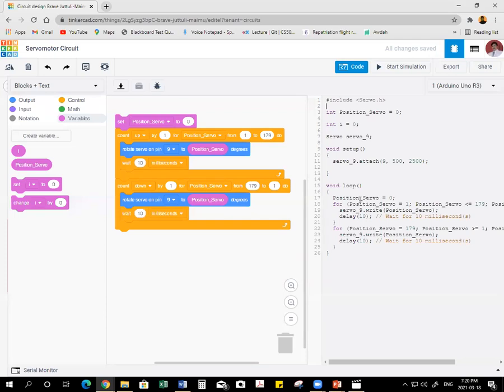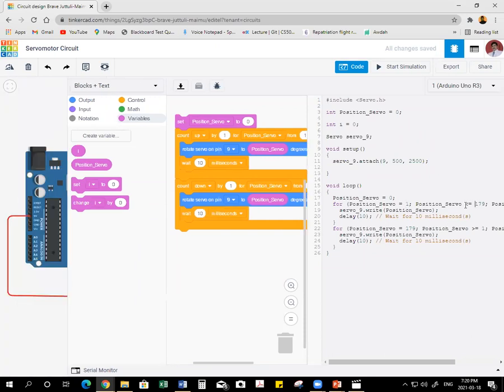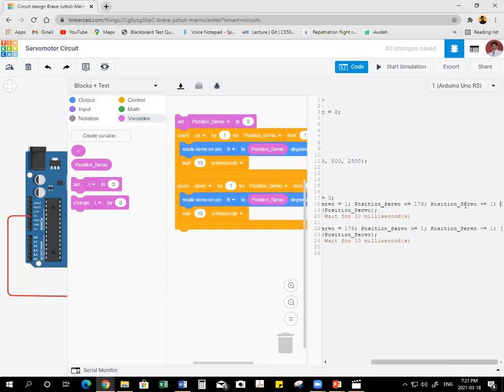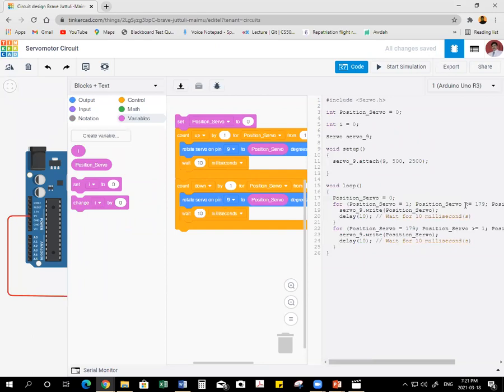Now void loop, position of servo is 0. Now from position of servo 1 to 179, and it will increment by +1 every time. So that is what it's saying.